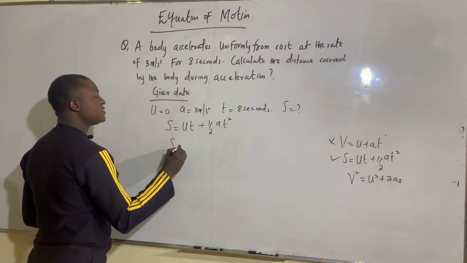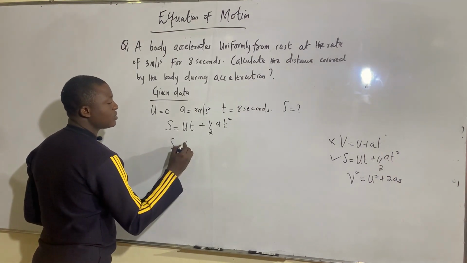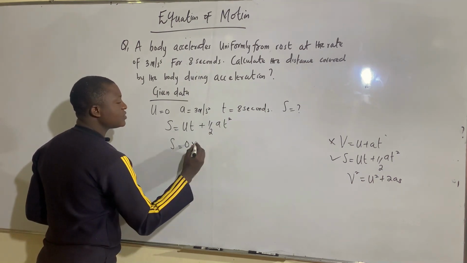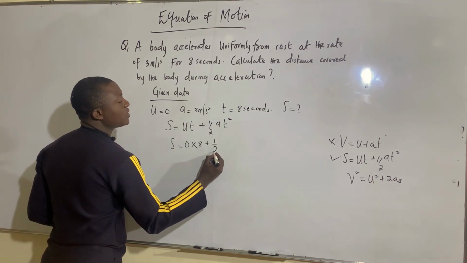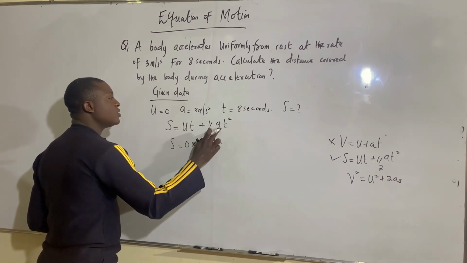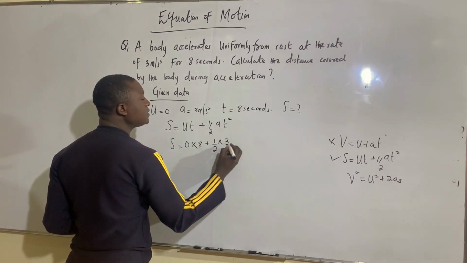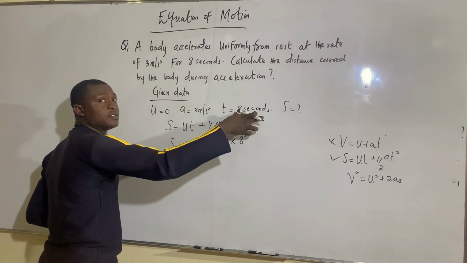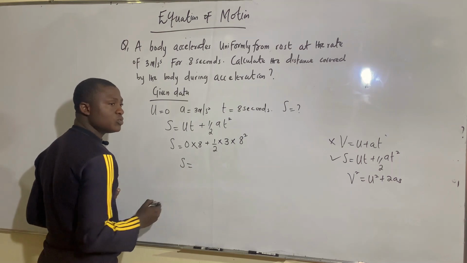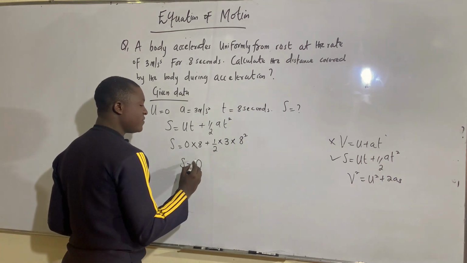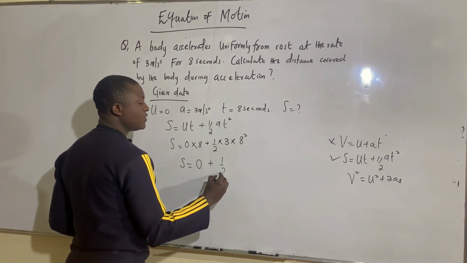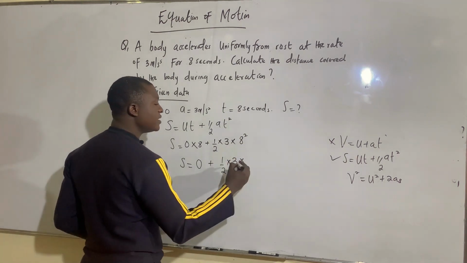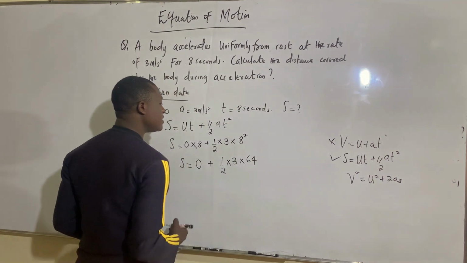So x is equal to 0 multiplied by the time, 8 seconds, plus 1 over 2 multiplied by a, which is 3, multiplied by the time squared, 8 squared. So x is equal to 0 times 8, which is 0, plus 1 over 2 multiplied by 3 times 8 squared. 8 squared is nothing but 8 times 8, and 8 times 8 gives us 64.